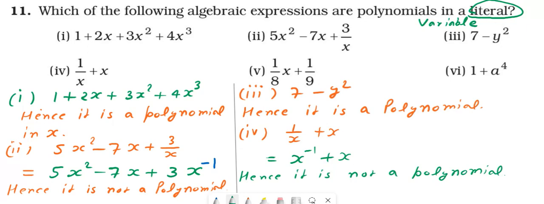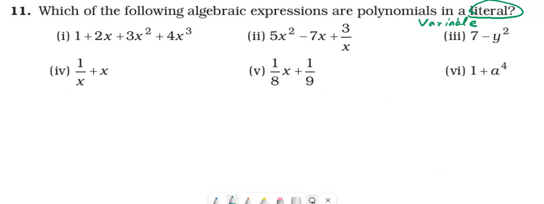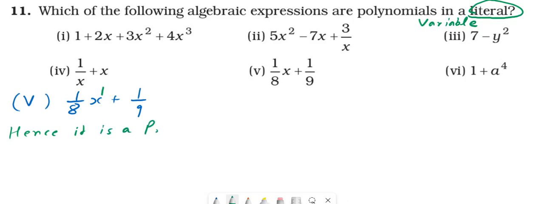Now beta, the fifth part, 1 upon 8x plus 1 upon 9. Beta, you can see here that the power of x is 1 and 1 is a whole number. Hence, it is a polynomial. Now, the sixth part.